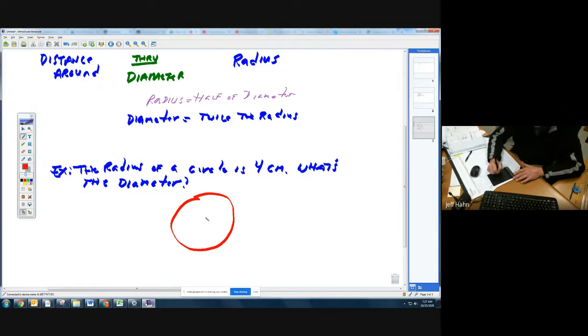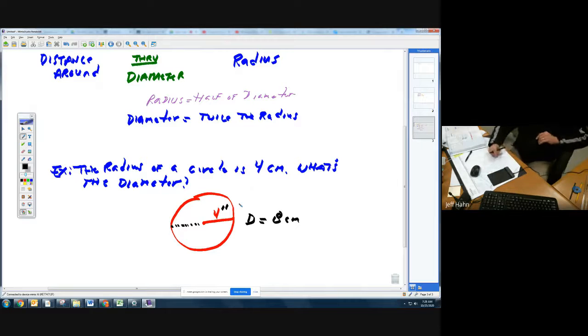And it said the radius was 4 centimeters. You would probably check your notes to make sure you know that this is the radius. So if the radius is 4 centimeters, which is about halfway through the diameter we talked about up here, the diameter is twice the radius, so the diameter would equal 8.